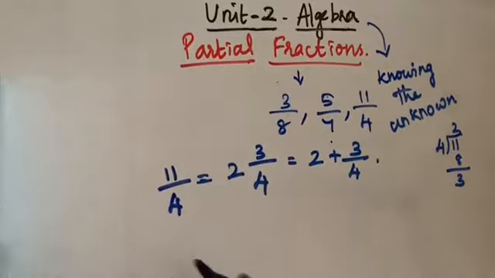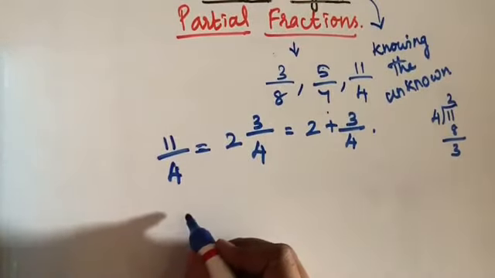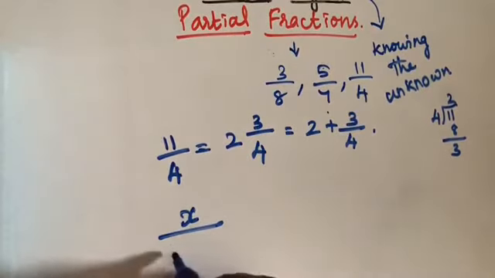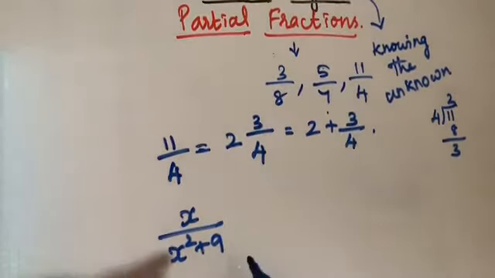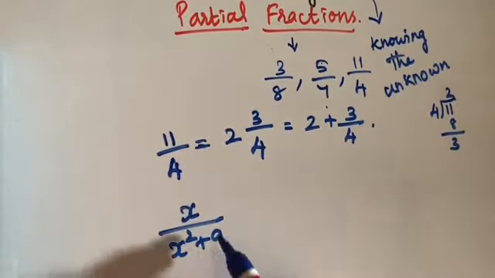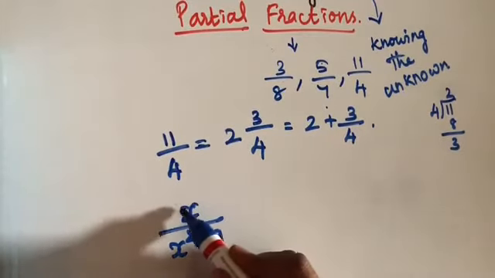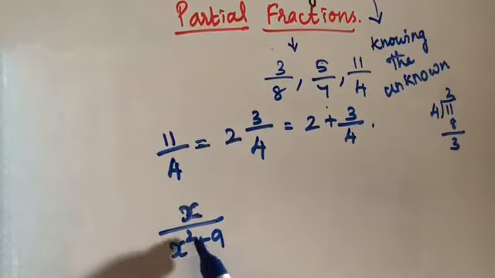Similarly, in algebra, x divided by x square plus 9 is a proper fraction because in the numerator x has power 1, but in the denominator the power of x is doubled, x square plus 9.